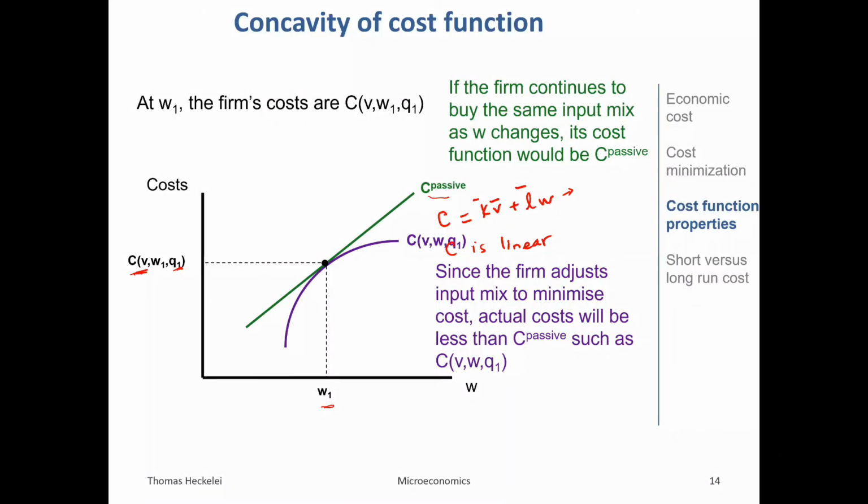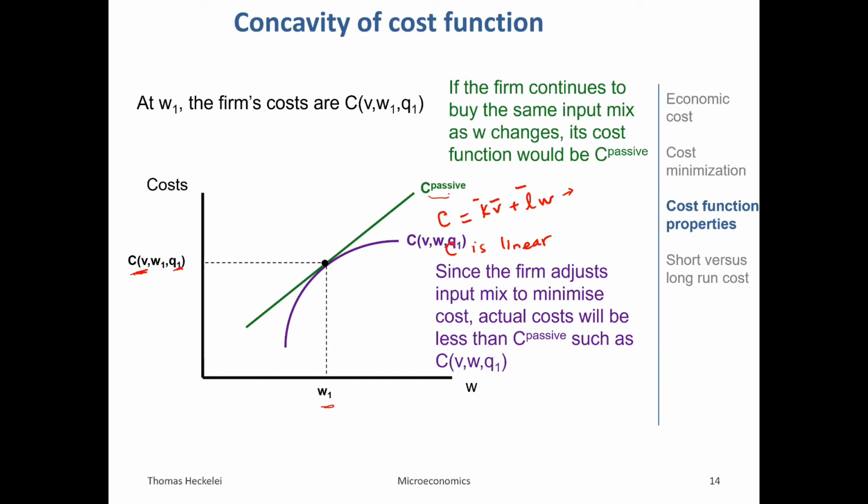Now, like what I told you last week with the example of the harvester for maize and rapeseed, right? When the price of capital on the harvester was increasing, I could adjust my input mix by using more labor and reduce capital.